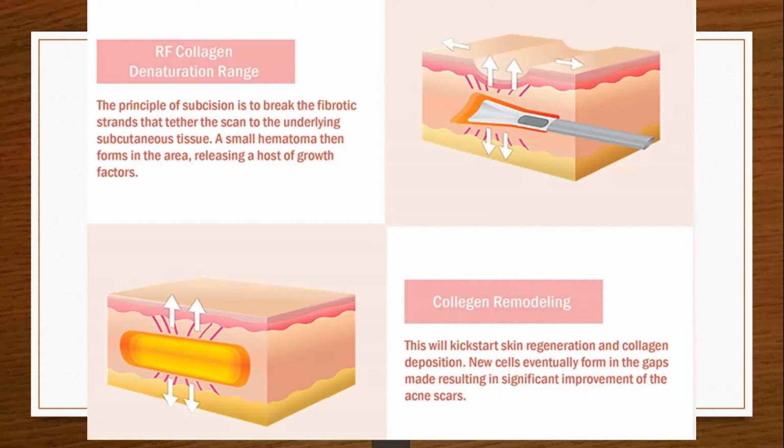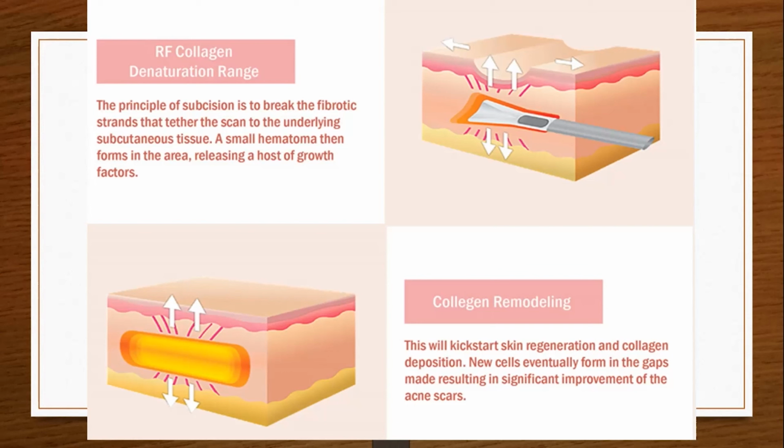There will be controlled formation of hematoma, microhematoma. There will be an artificial injury followed by microhematoma in the layer of the dermis and just below the dermis, the upper dermis as well as the dermal and subcutaneous layer.